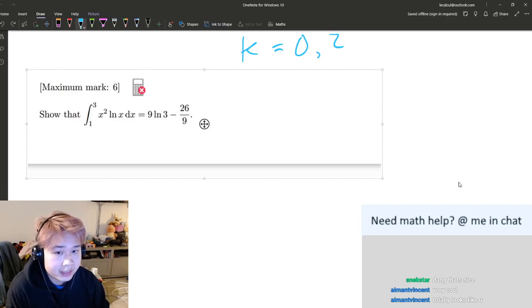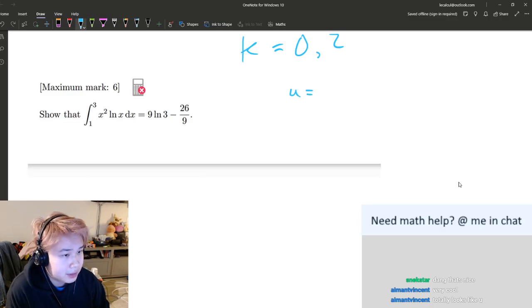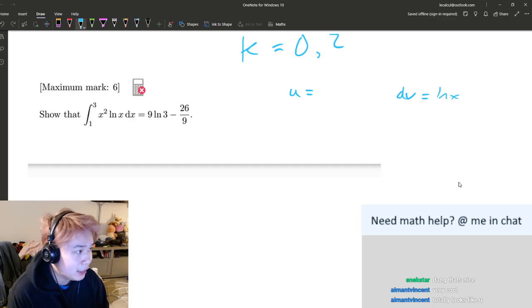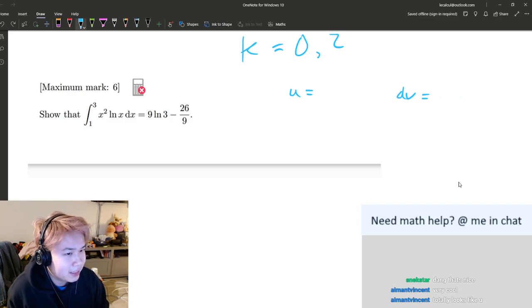I need to choose one of these factors to be u and one of these factors to be dv. Now, if I were to choose the natural logarithm of x to be dv, then I have to integrate it, which is probably in your formula book, but I don't think that's the right way to go.